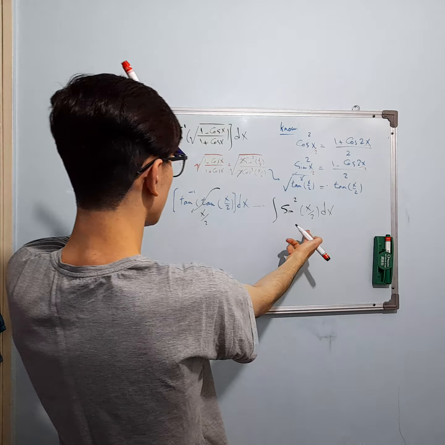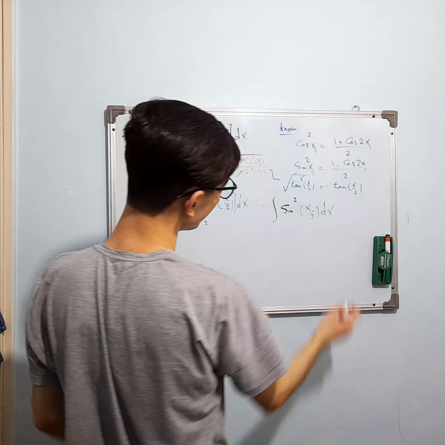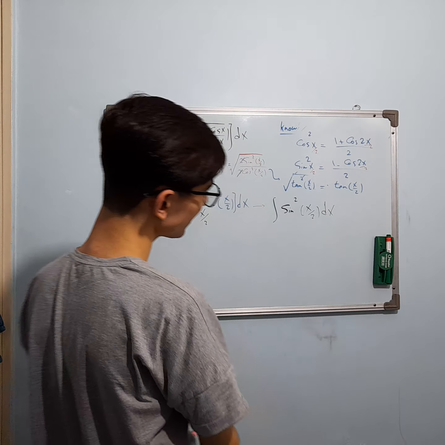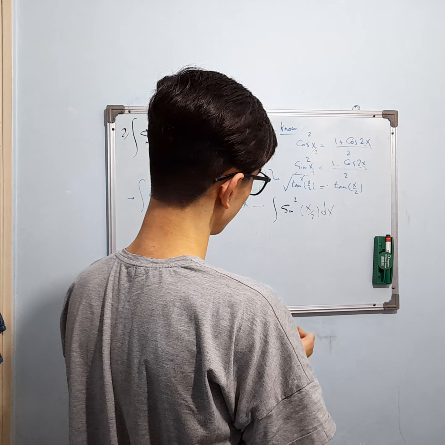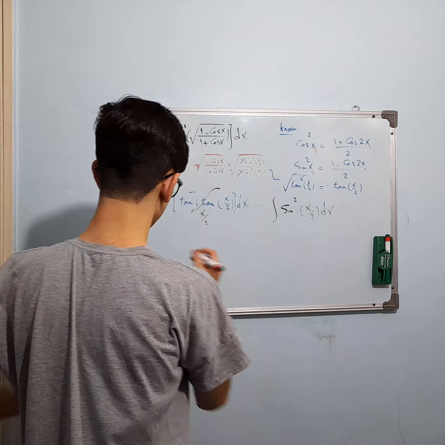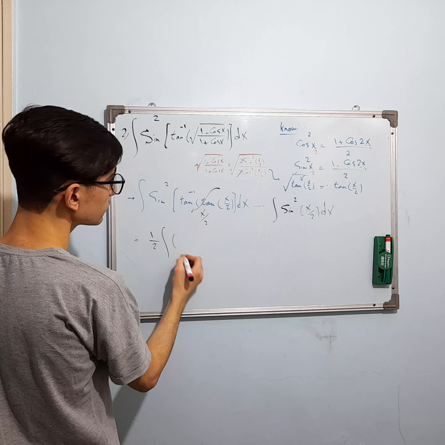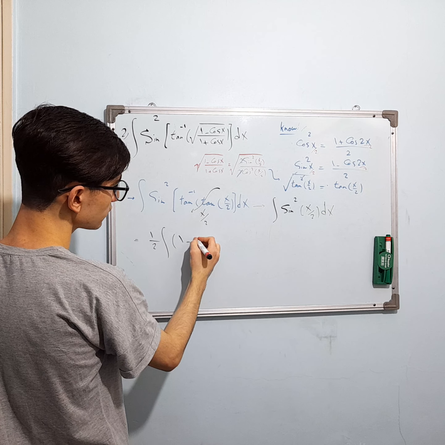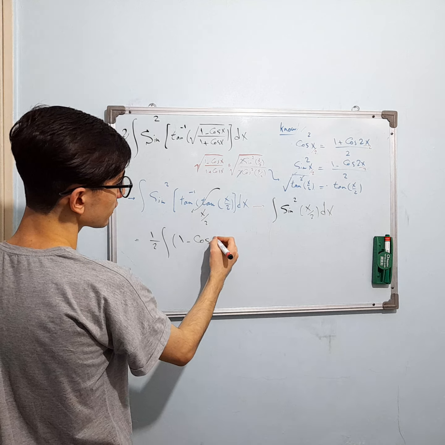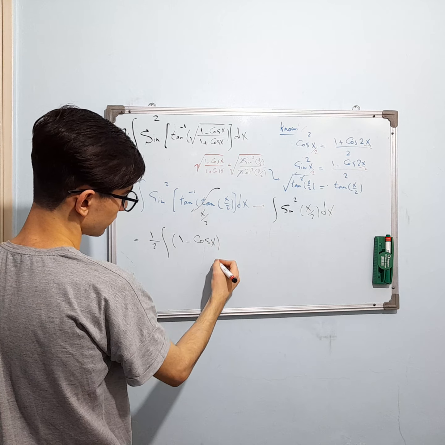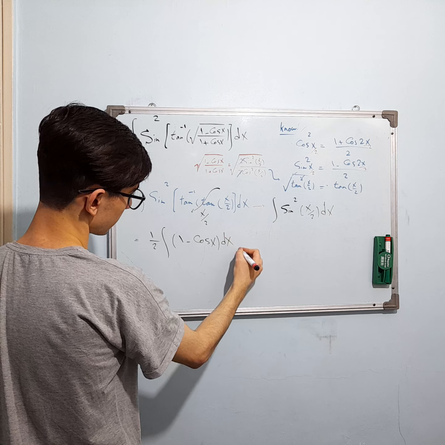Sine squared of x over 2 is (1 minus cosine x) over 2. And I'm going to bring 1 over 2 behind the integral. So we have the integral of 1 minus cosine x dx.